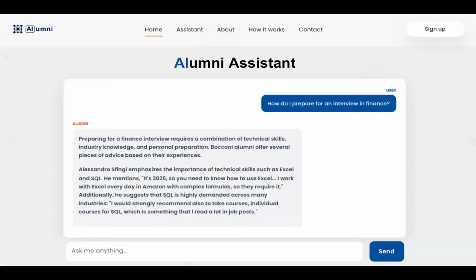It's a pretty simple example, and it's under development, but I think it's super clear: you ask a question, and our assistant provides you information based on the real interviews that we conducted, giving you exact citations, so basically parts of text where this information was provided by these real people.